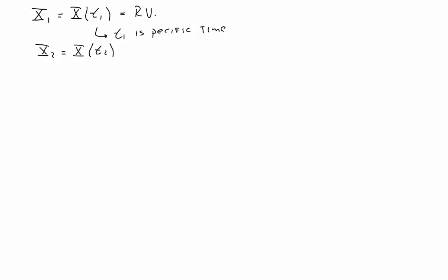And then what I'm going to do is pretend I have a joint probability density function that looks something like this. I've got a joint probability density function for my random process evaluated at two specific instances in time.